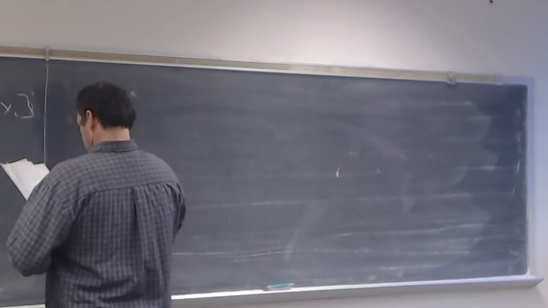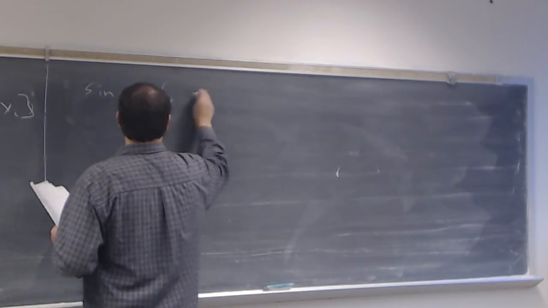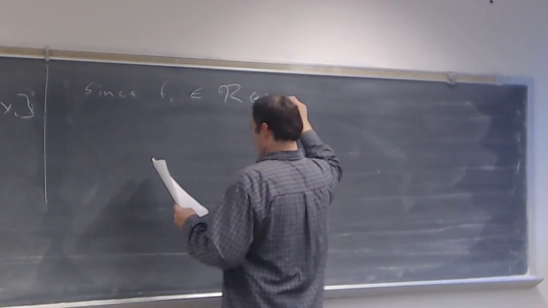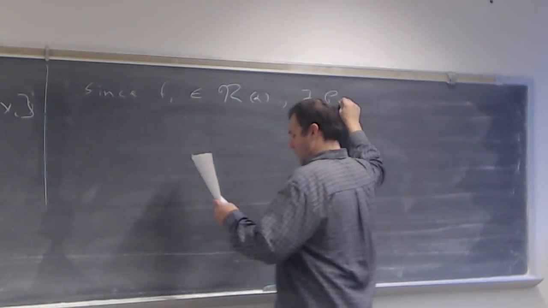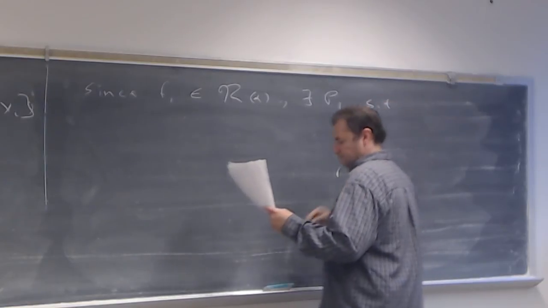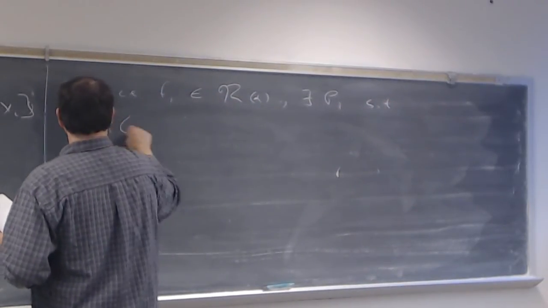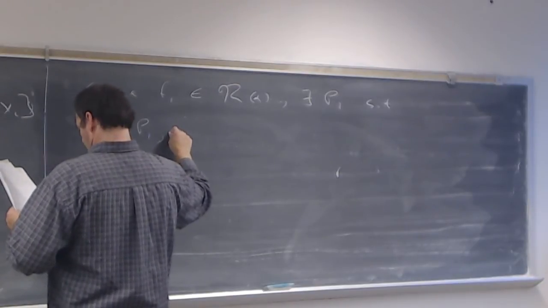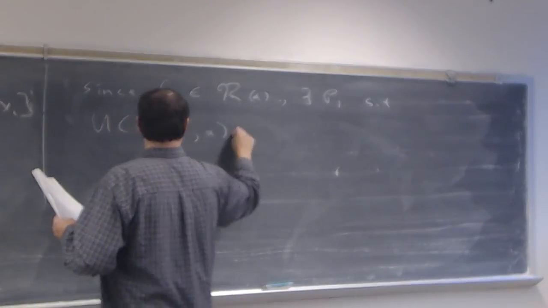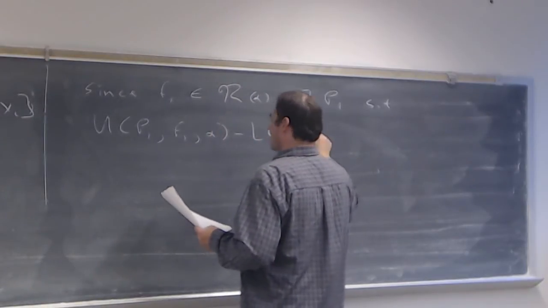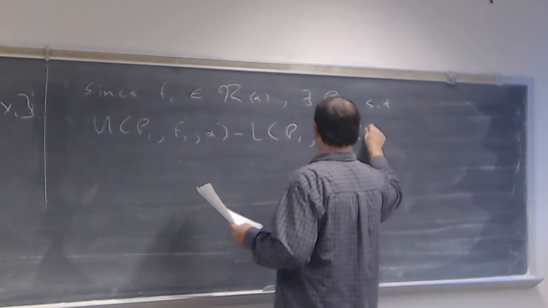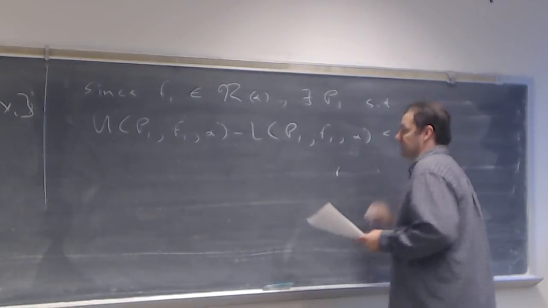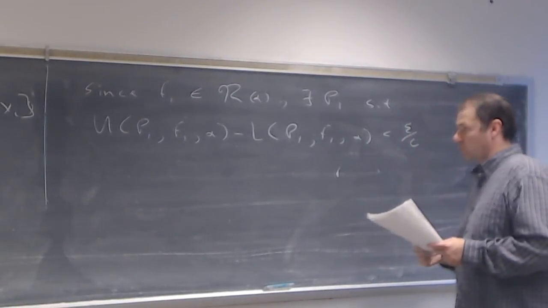So since f_1 is Riemann-Stieltjes integrable, there exists a partition, I'm going to call it P_1, such that the upper sum of P_1 with f_1 and alpha minus the lower sum, P_1, f_1, and alpha, is going to be less than epsilon over C. And I know that's a positive quantity.